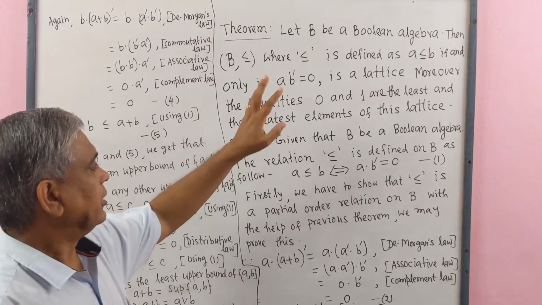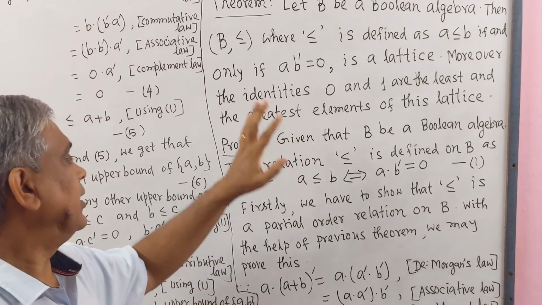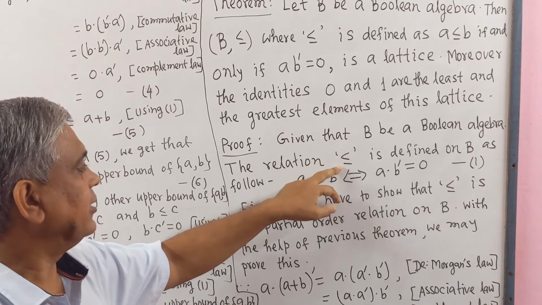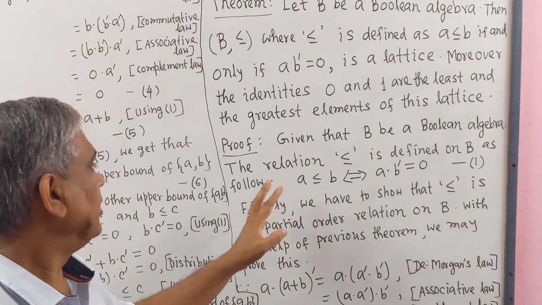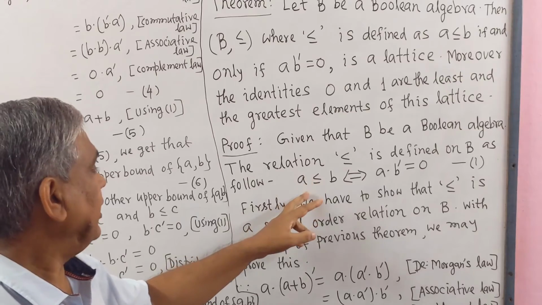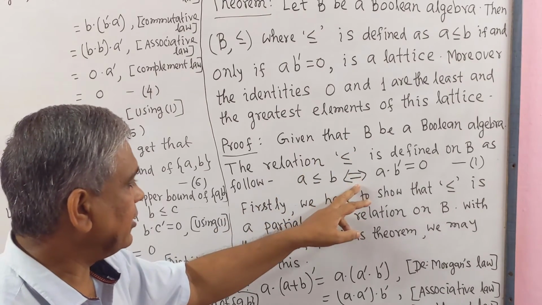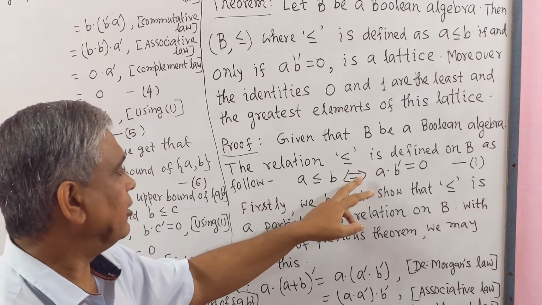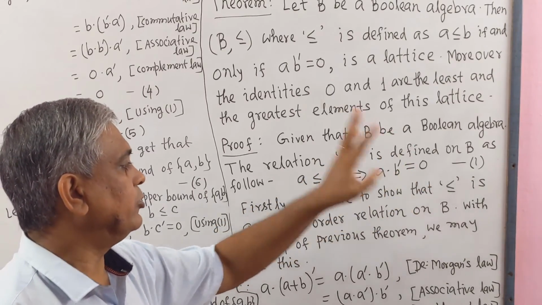Proof. Given that B is a Boolean algebra, this relation is defined on B as follows. A is related to B, if and only if A dot complement of B equal to 0.